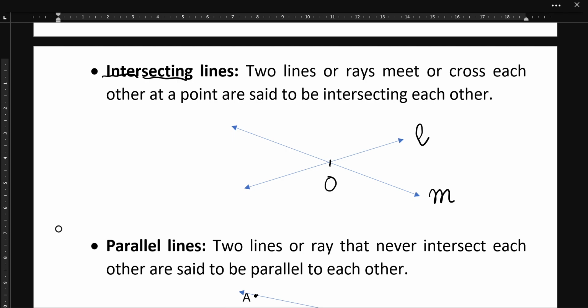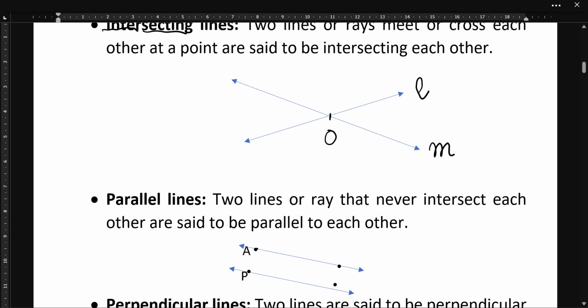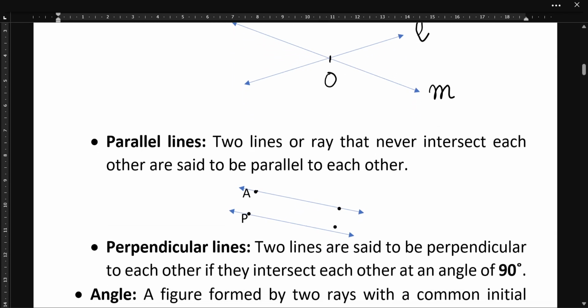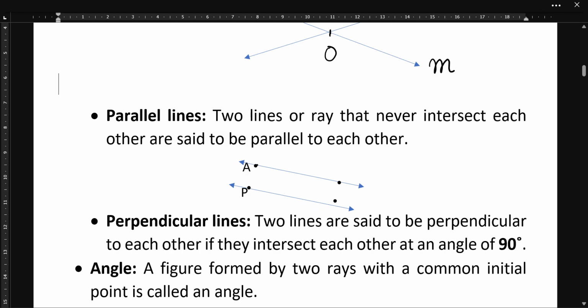And suppose these lines are not cutting each other at any point. If we go infinitely far, they are still not touching each other, they are not cutting, then we will call these lines parallel lines.